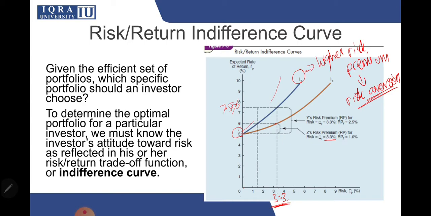If we have another investor, let's say investor X, this investor X has a higher slope, which means he demands an even higher risk premium, so he will be more risk averse. So as a generalization, the steeper the slope of an investor's indifference curve, the more risk averse the investor. But remember that each individual has a map of indifference curves which is unique to that investor.